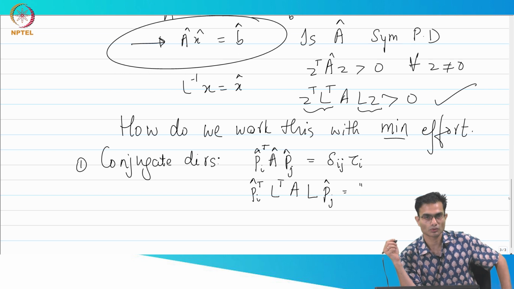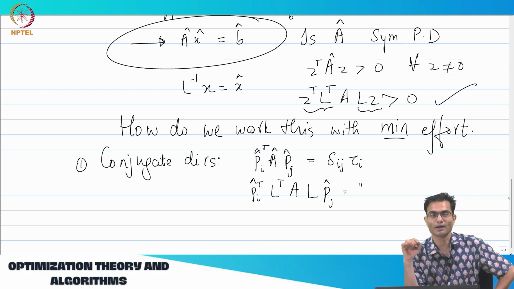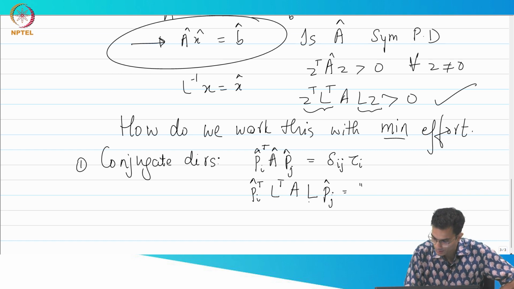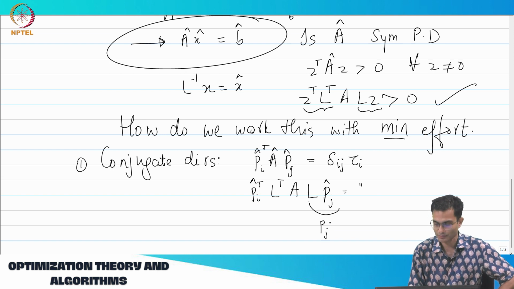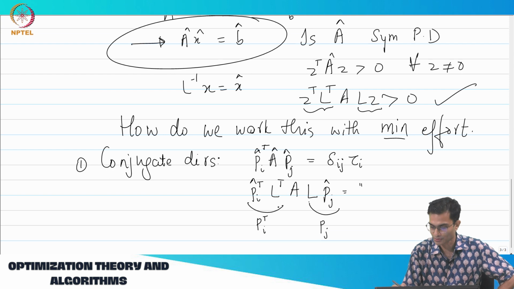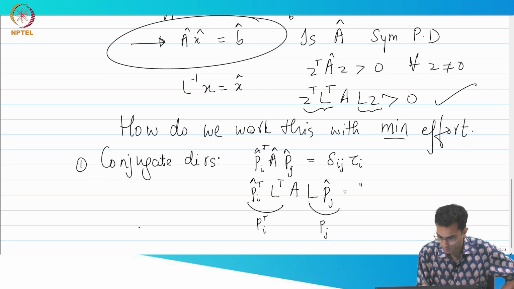So if I just wanted to make sure that everything went ahead as before, what would be the most obvious choice of Pi hat? If I made this equal to Pj, and this equal to Pi transpose, I'll automatically ensure A conjugacy, right.